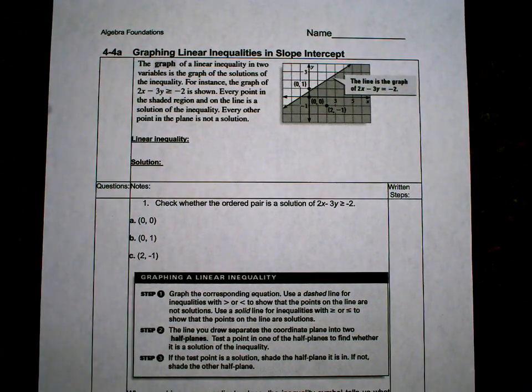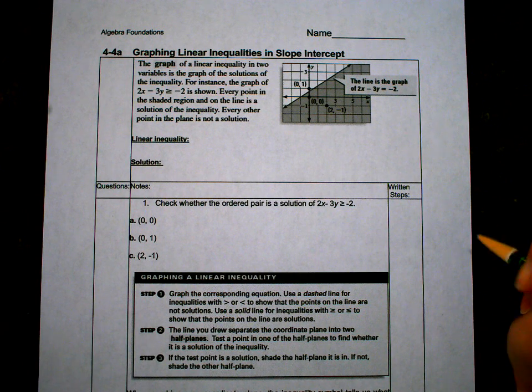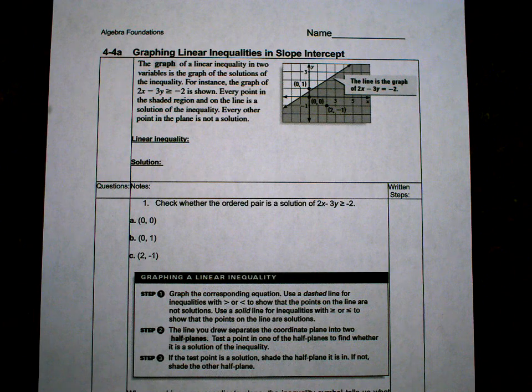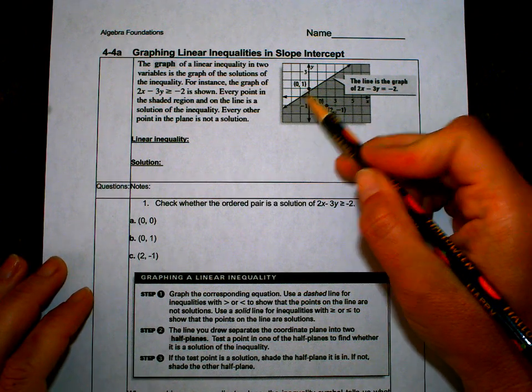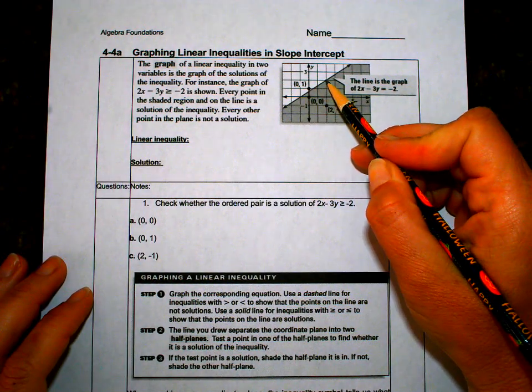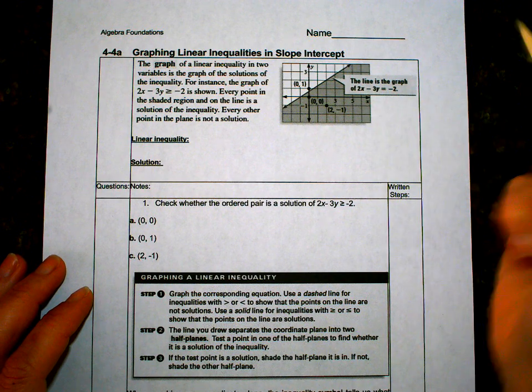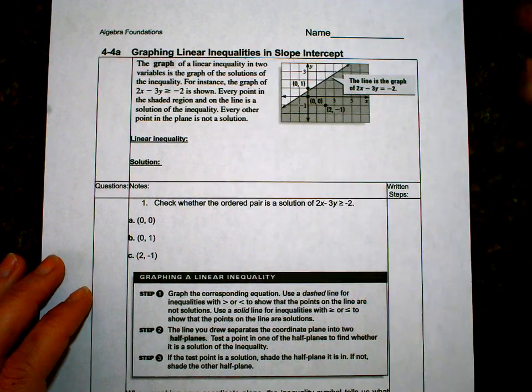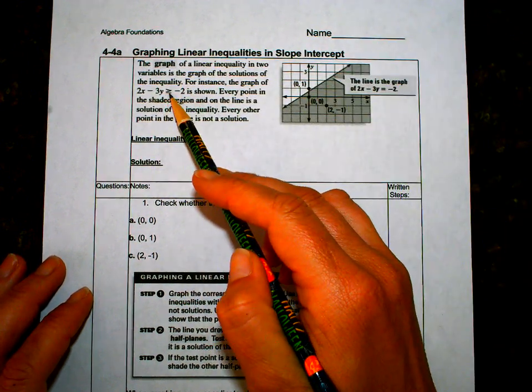Hi, everybody. We are starting lesson 4, and we are going to graph lines. But instead of my line having just a line and only the ordered pairs that are on the line being solutions, I have an inequality, and an inequality means that there's no equal sign.